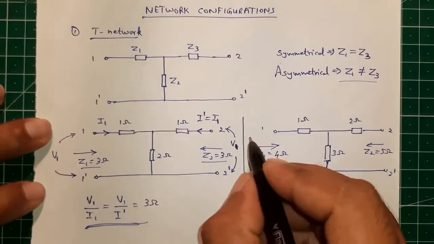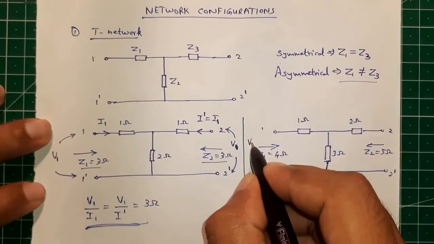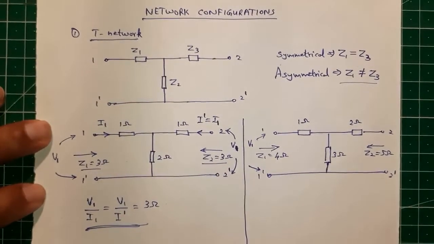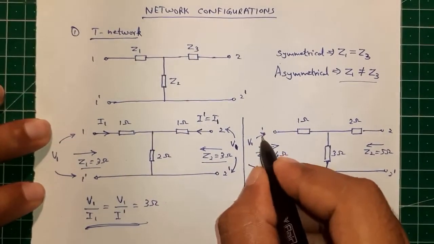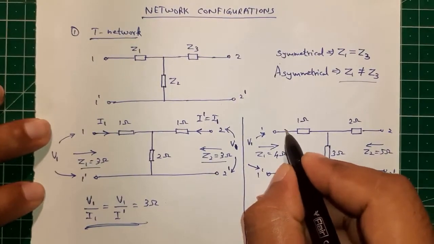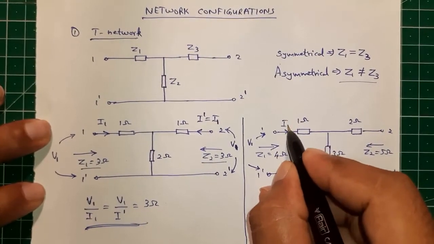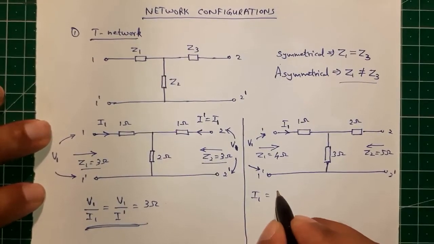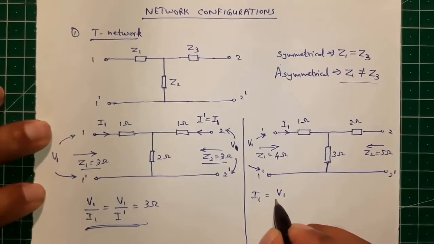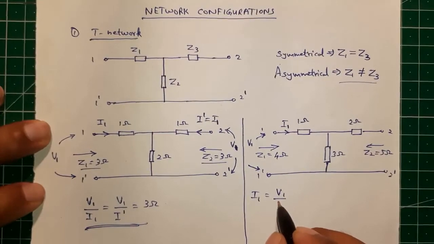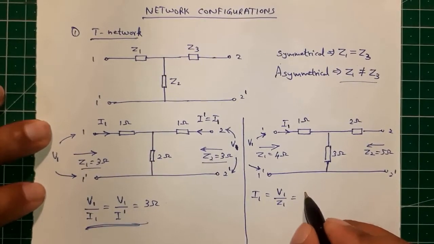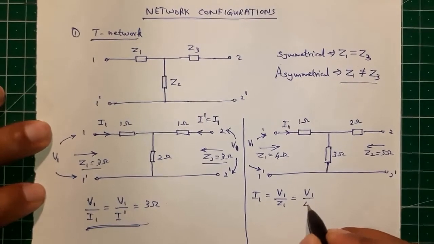So if we apply a voltage V1 here and we observe the current I1, what will be I1? It will be V1 by Z1, which is V1 by 4.